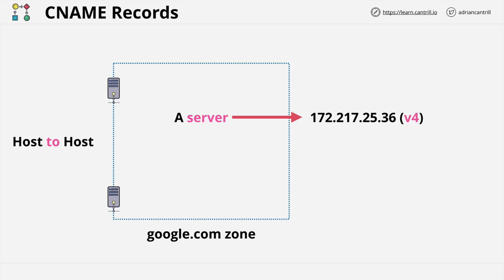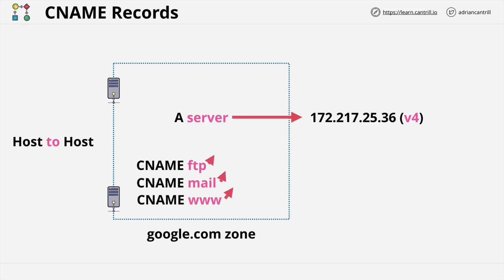It's fairly common that a given server performs multiple tasks. Maybe in this case, it provides FTP, mail, and web services. Creating three CNAMEs and pointing them all at the A server record means that they will all resolve to the same IP version 4 address.